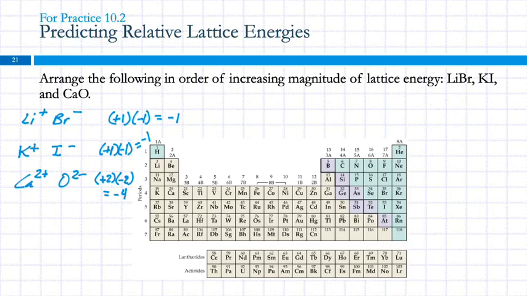Calcium oxide. The prediction here is if the sizes are the same, this is going to be 4 times as large. The question says in order of increasing magnitude, so we go with the smallest, then the medium, and the biggest. I'm going to put my less than, greater than signs up here and predict that calcium oxide has the largest lattice energy because the charges are bigger.